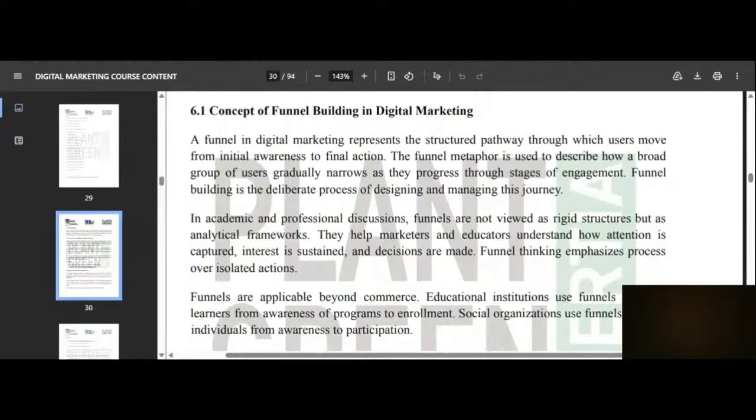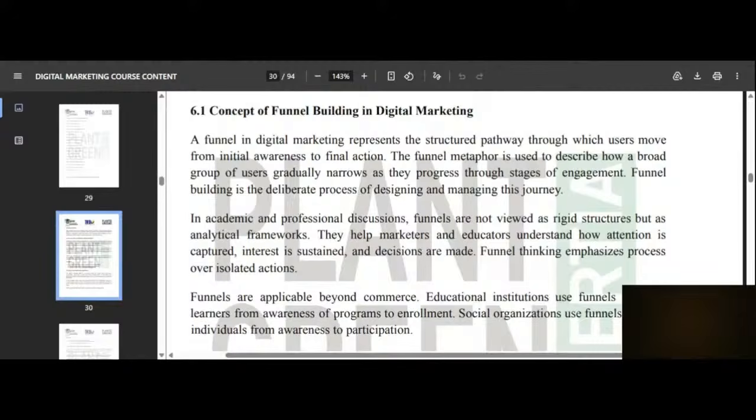The main goal is to attract the attention of the user. The second goal is to provide value to the user. And the third goal is to educate the user. So these three are the main goals in the top of the funnel, which is called the awareness stage.